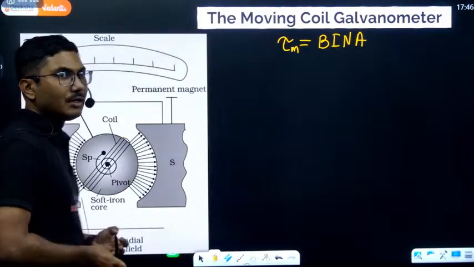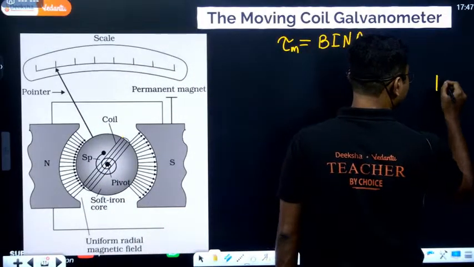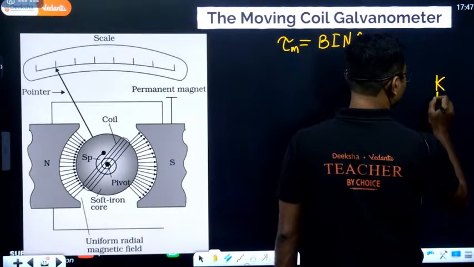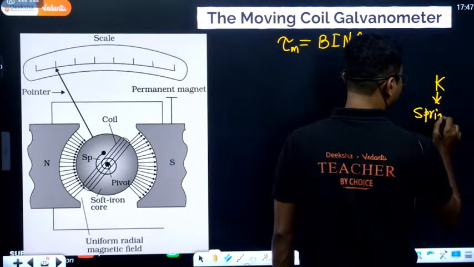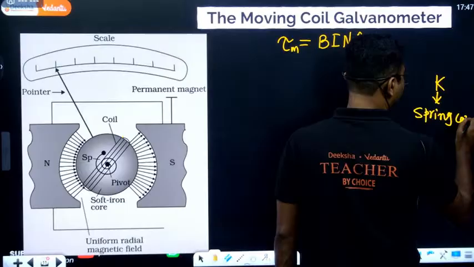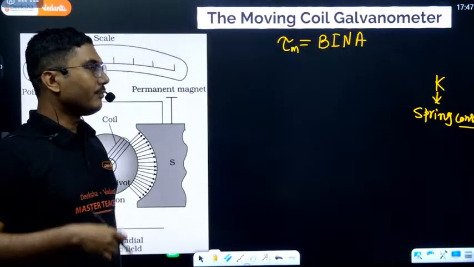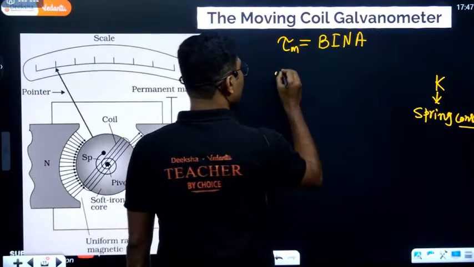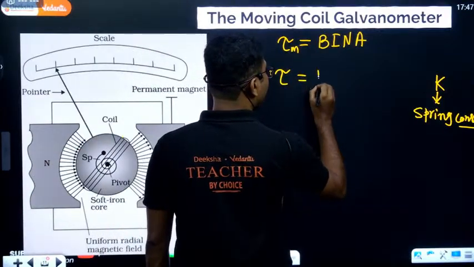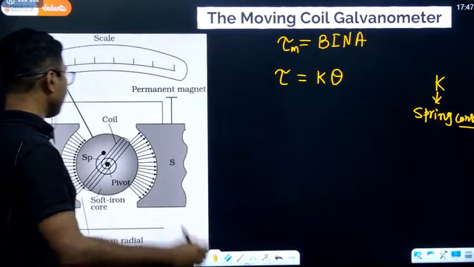For a spring, we know that if the force constant, or spring constant, is given by this constant K, then force is given by K into X, and the torque is given by K into theta. Theta is the angle of rotation.